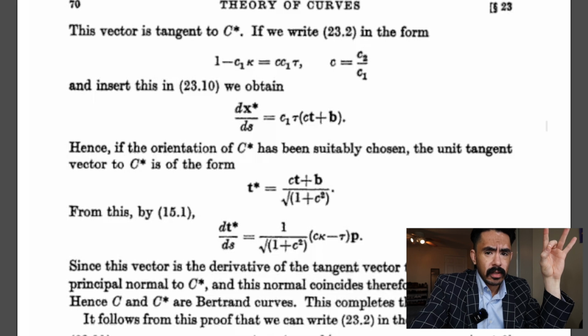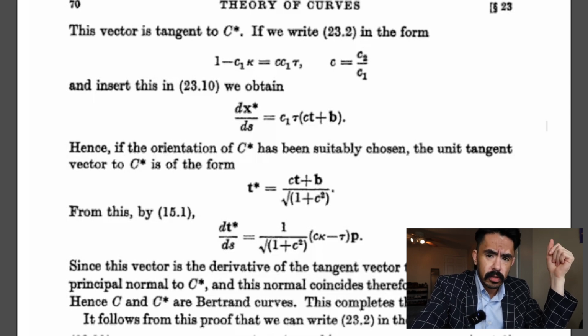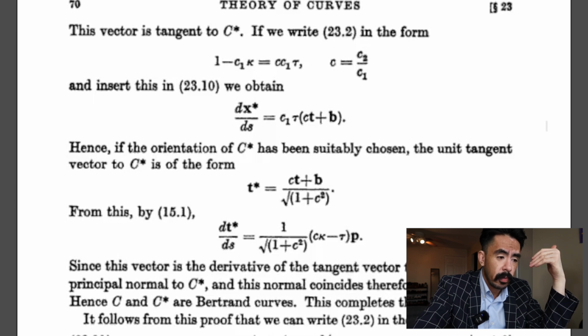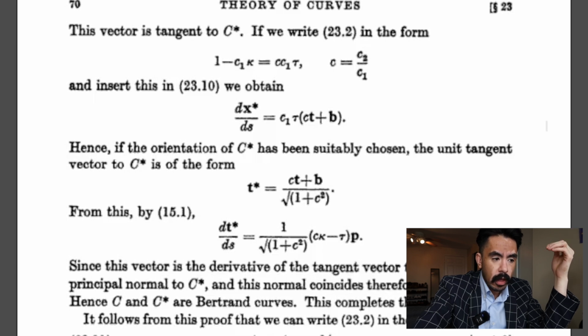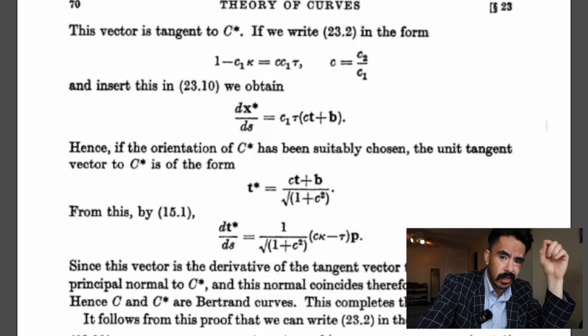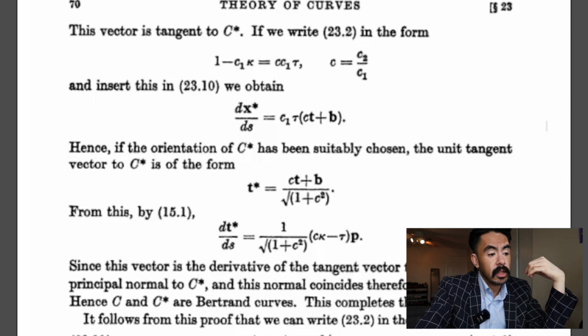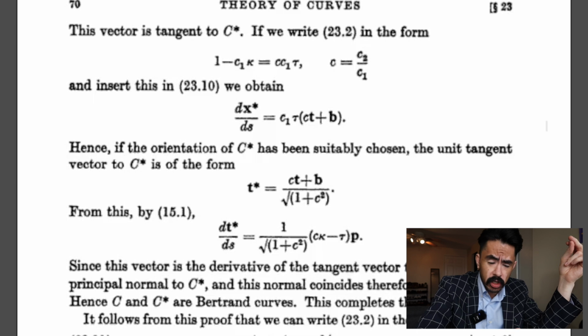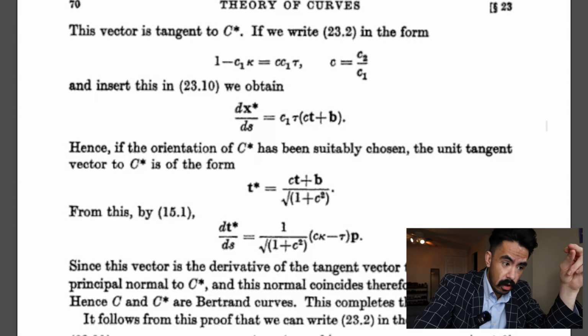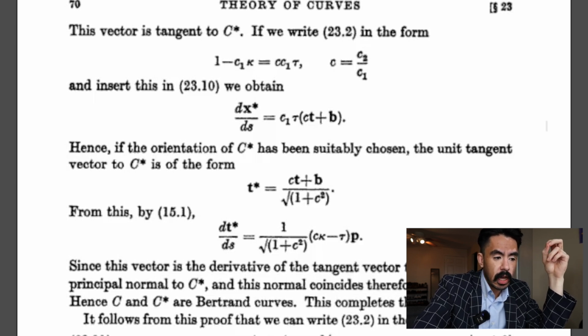If we write c1 times kappa of s plus c2 times tau of s equals 1 in the form 1 minus c1 times kappa equals c times c1 tau, and c is equal to the ratio of c2 to c1, or c is equal to c2 over c1, and insert this into our derivative for the vector parametric representation of the curve c star, we obtain dds of x star is equal to c1 times tau times the quantity c times vector t plus vector b, closed quantity.